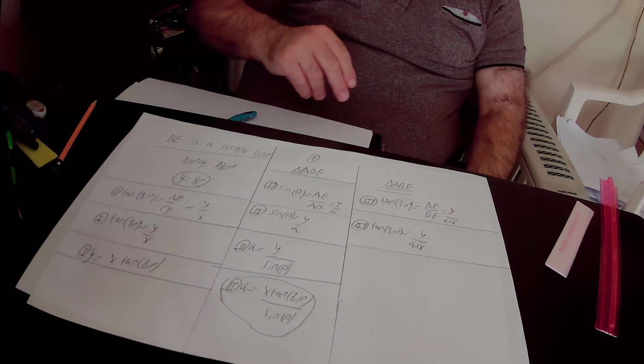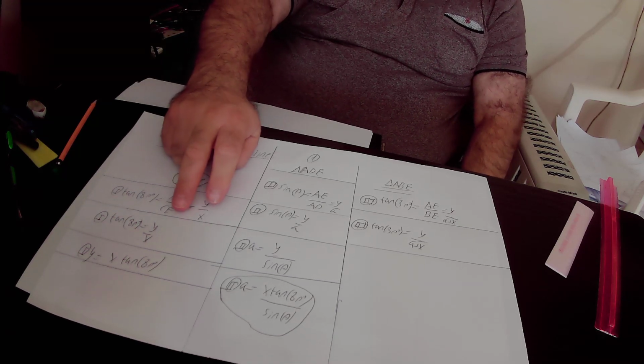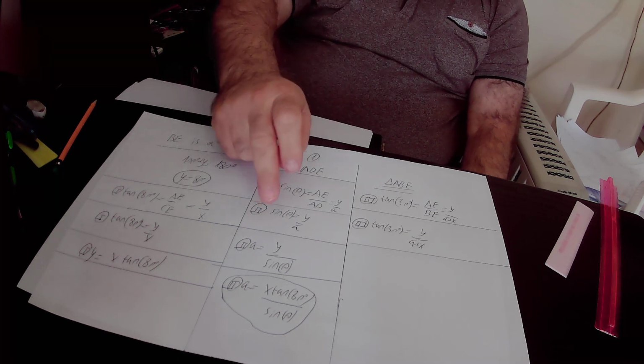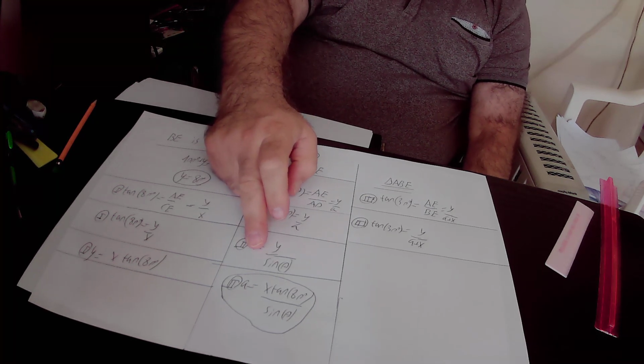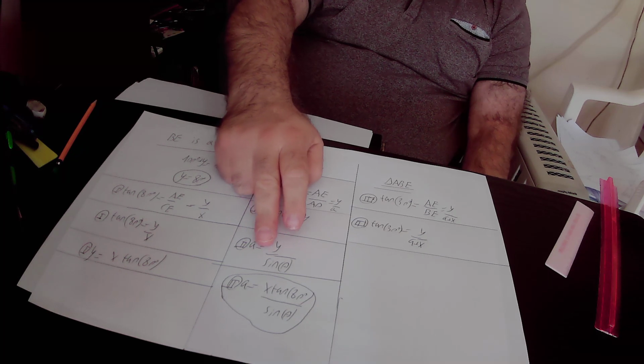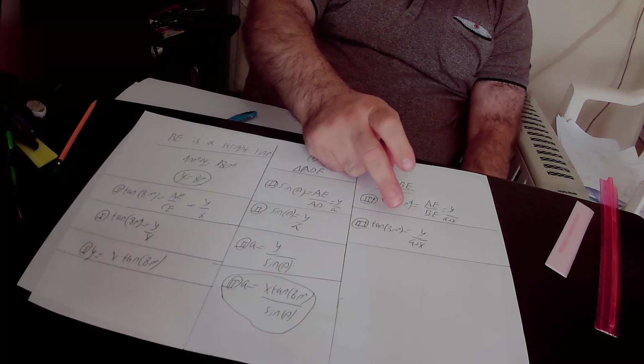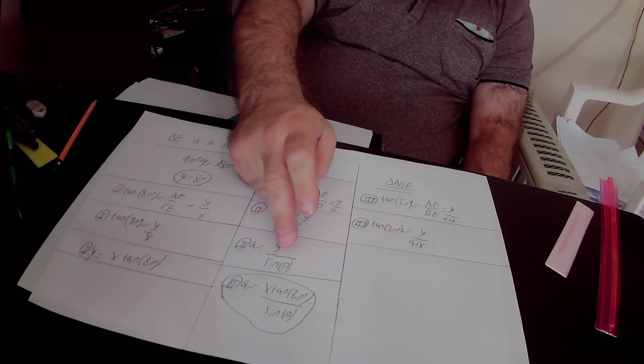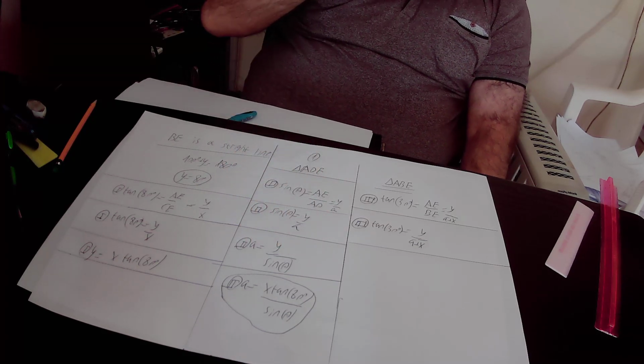So we know that y equals x times tan 80 degrees, so we'll substitute y by x times tan 80 degrees, and according to equation number 2, A equals x times tan 80 degrees over sin theta, so we'll substitute A in equation number 3 by x times tan 80 degrees over sin theta.